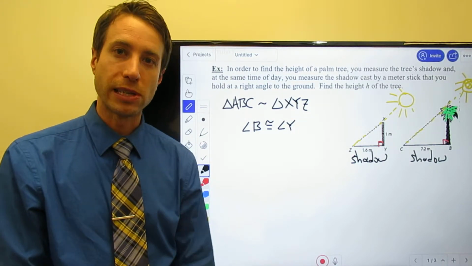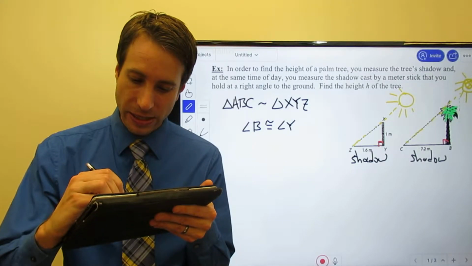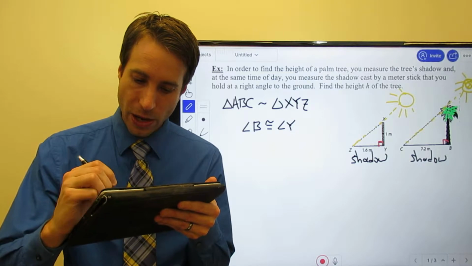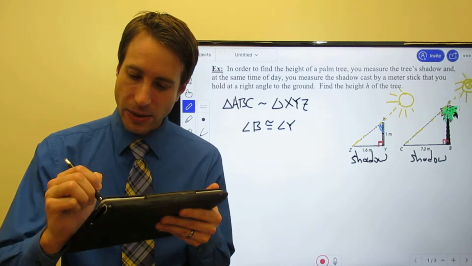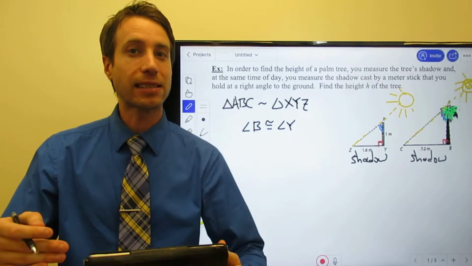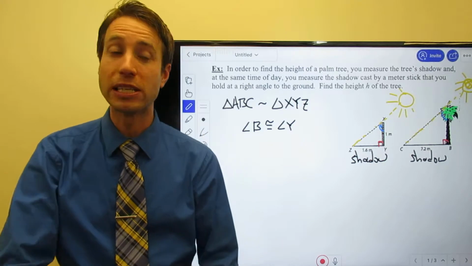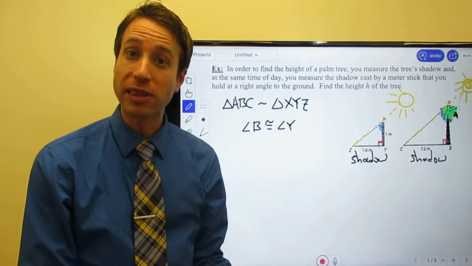Okay, well now I just need one more angle. And of course that additional angle is going to come from right here. The idea is this: as long as you take the measurements at the exact same time of day, the position of the sun is going to be the same in both cases.